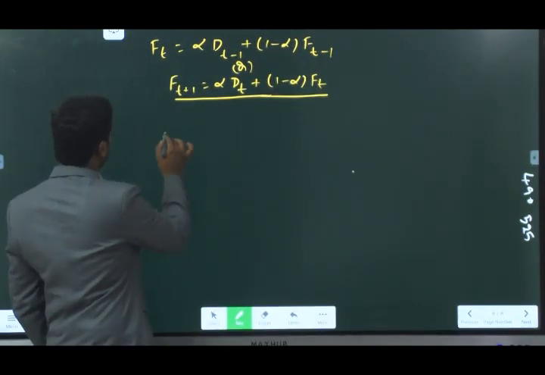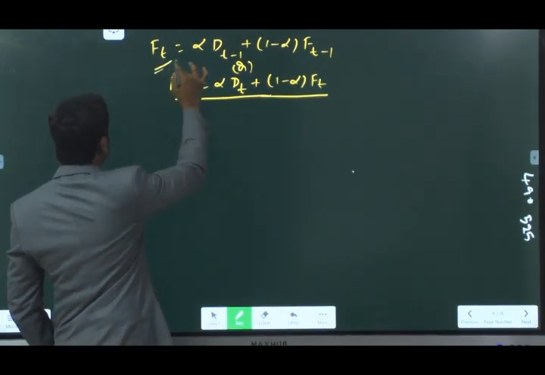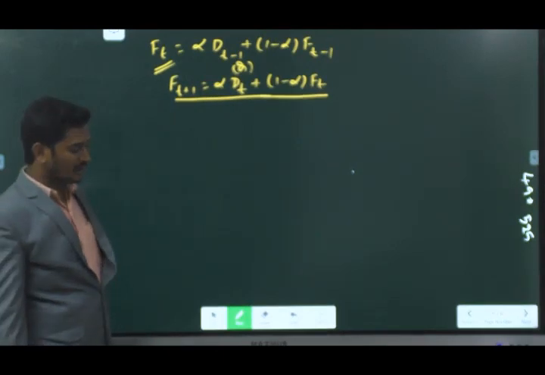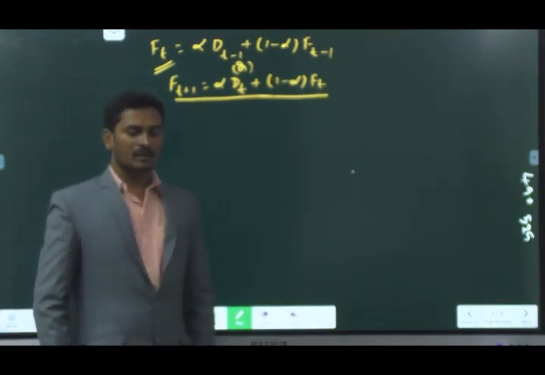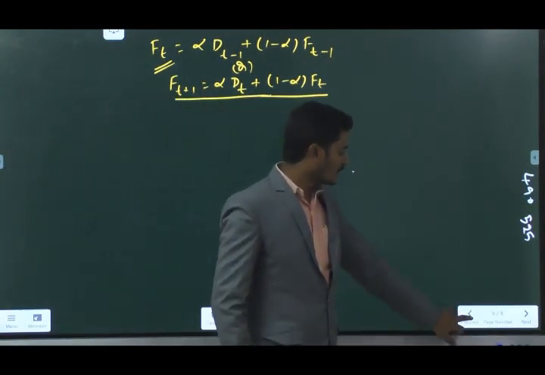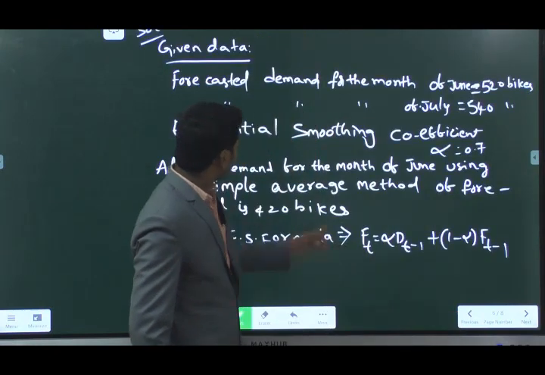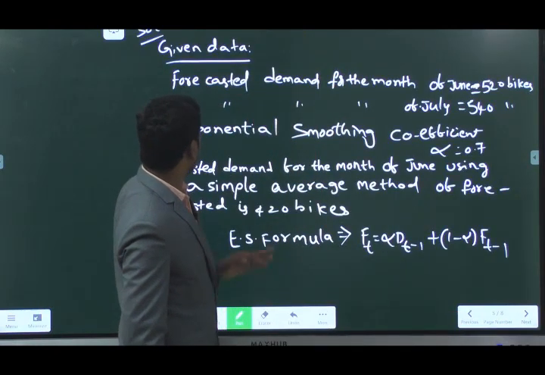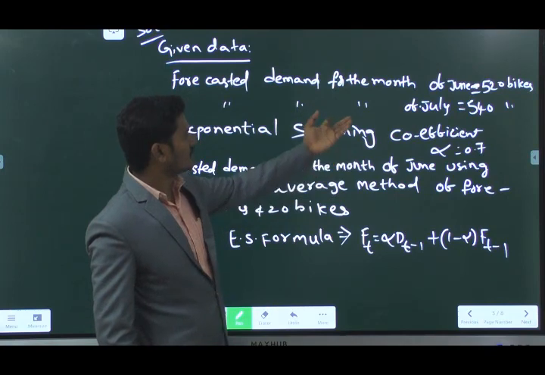Here we are going to calculate the forecasted demand for the August month. The adjusted demand is given for the June month.